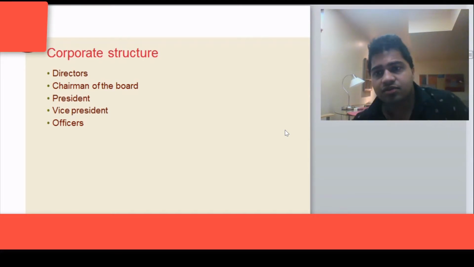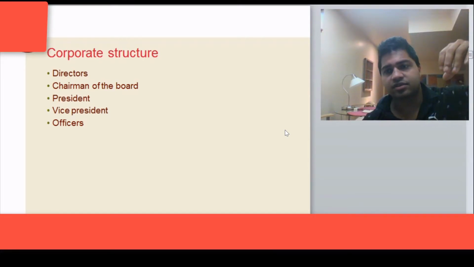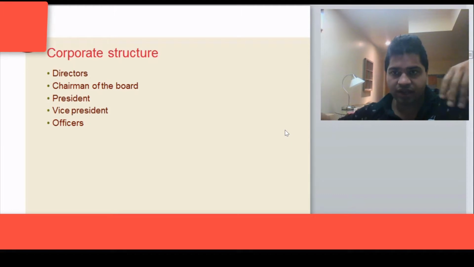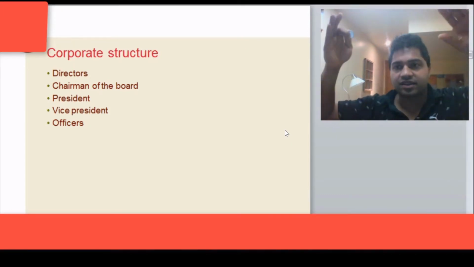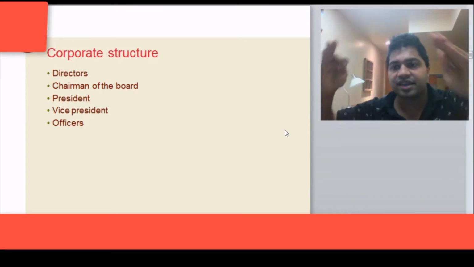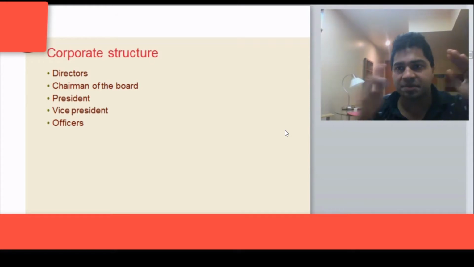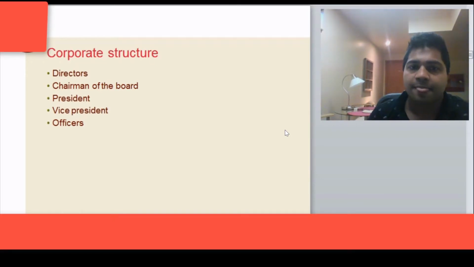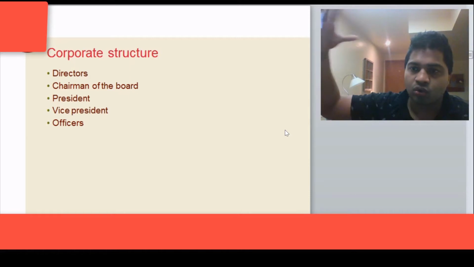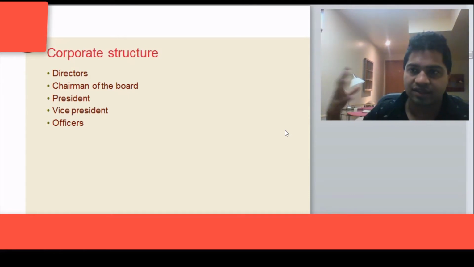Corporate structure: there are shareholders who own the company. They appoint the directors. Directors are representatives of shareholders who oversee management of the company. Then these directors vote on the chairman. This chairman is the head of the board of directors.